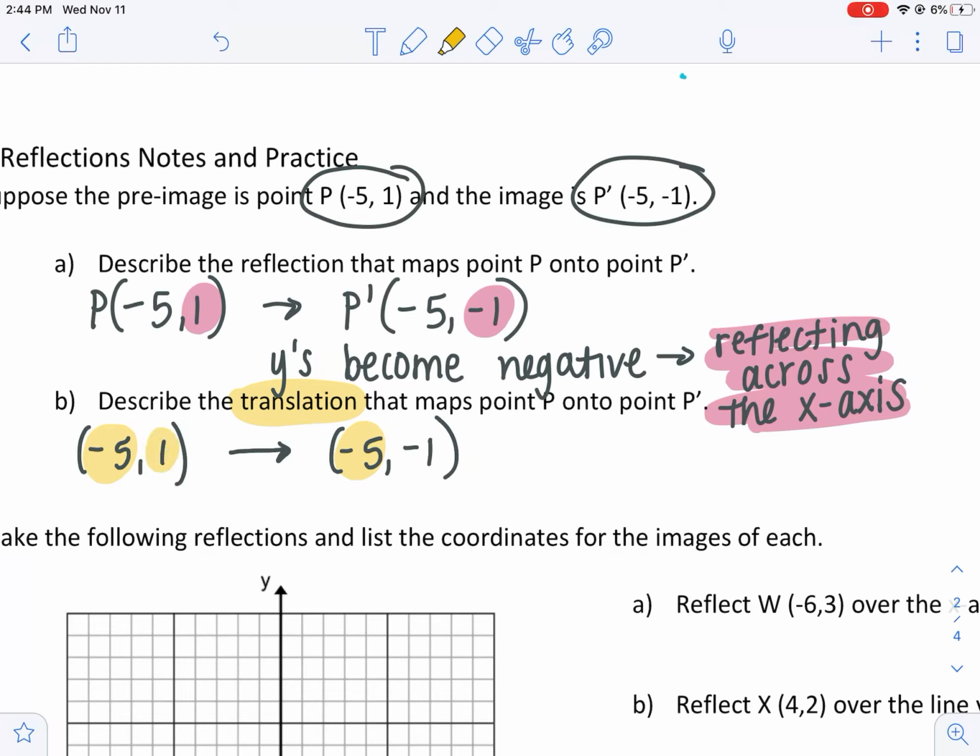And we go from a +1 on the y to a -1 on the y. That means I go from 1 to 0 to -1. So it moves down by 2. Okay? 1 minus 2 is -1. Cool?